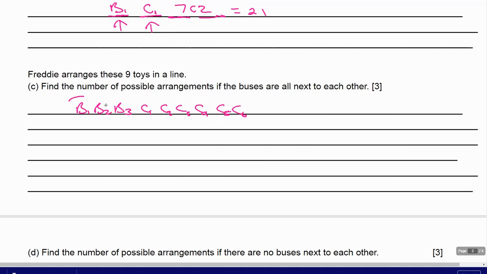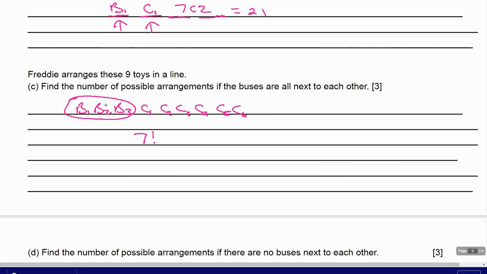All right, there are my 3 buses. I consider them all one thing. So now, how many things am I going to arrange? So I'm arranging 7 things. Are any of them identical? So how do I do that? Yep, 7 factorial.